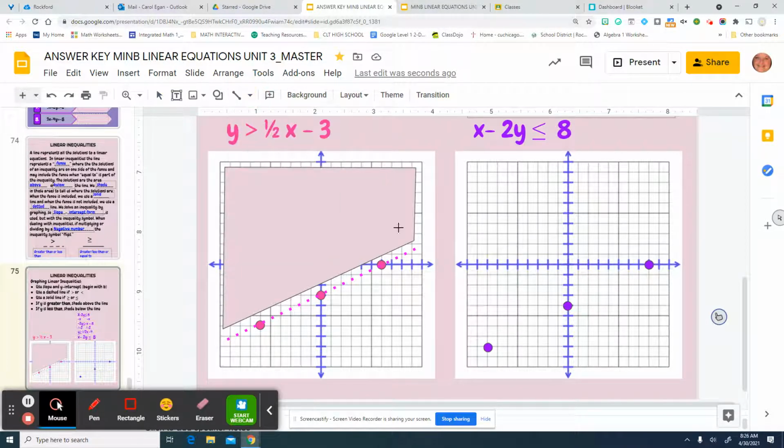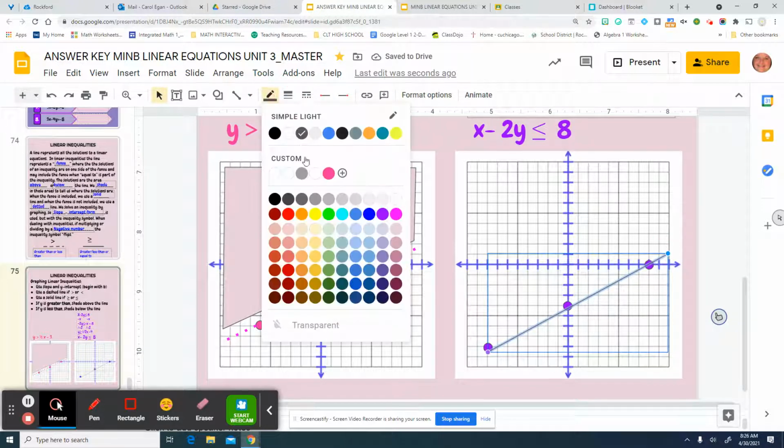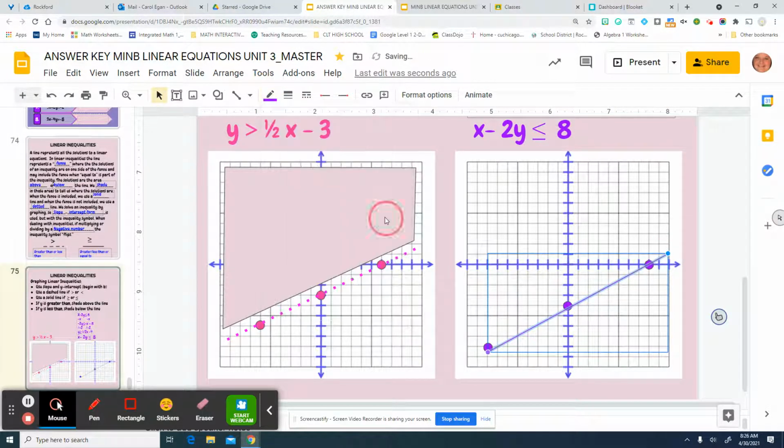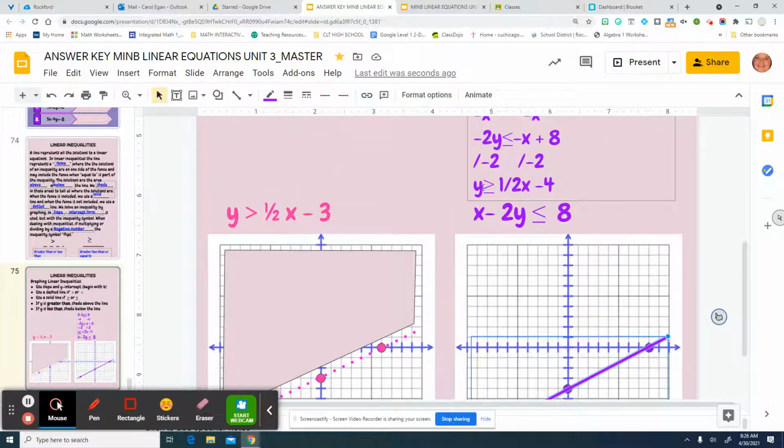So I'm going to go back and do a line. Of course, change my color to purple because that's how I roll. And then I'm going to extend this out just a little bit. And this does have the equal to, so it's a solid line. And y is greater than that, so it's still going to be above the line that gets colored in.